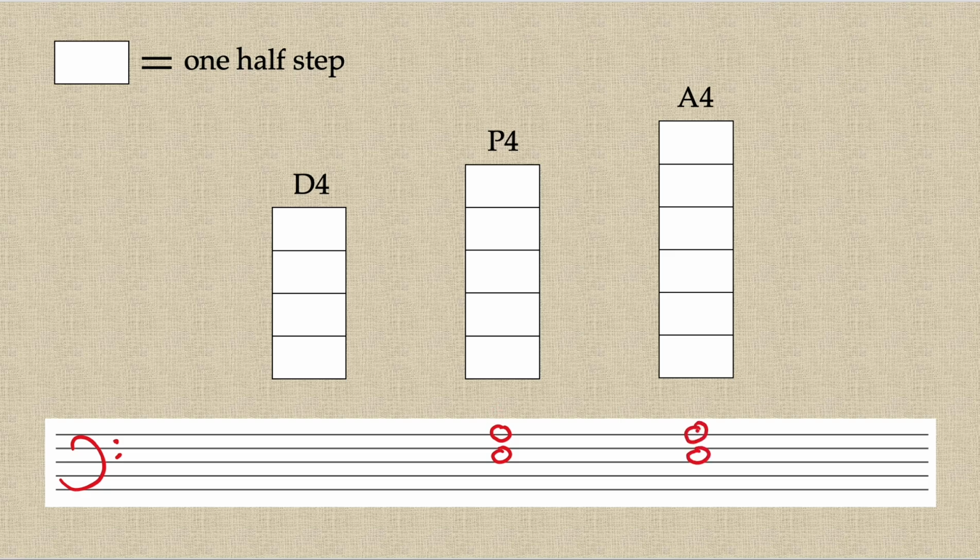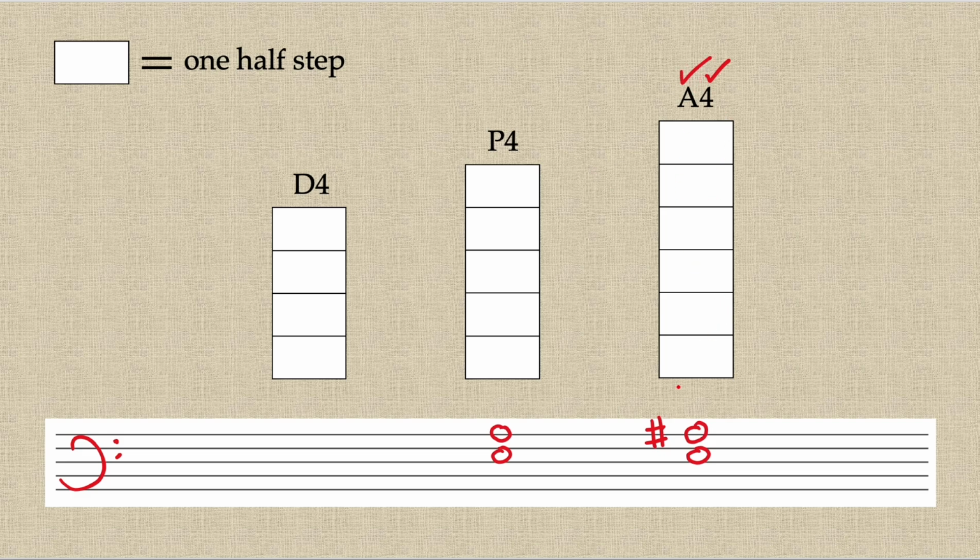E to A is a perfect fourth. I want to make it one half step wider from E. So I'm going to add a sharp to the A. Now it's E to A sharp. E to A sharp is still a fourth. Now it has six half steps, which makes it an augmented fourth.